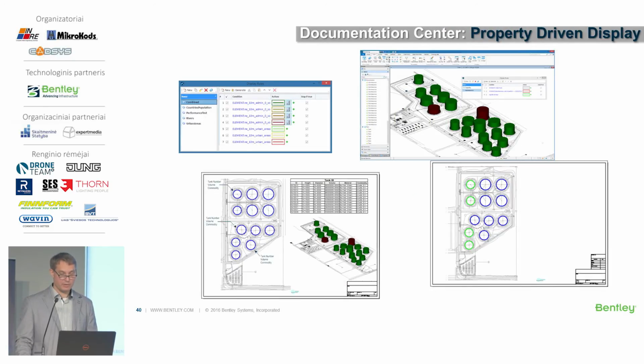And we have property-driven display, which allows us to use the same business data stored in our design and change the look of our drawing or model, if you wish.